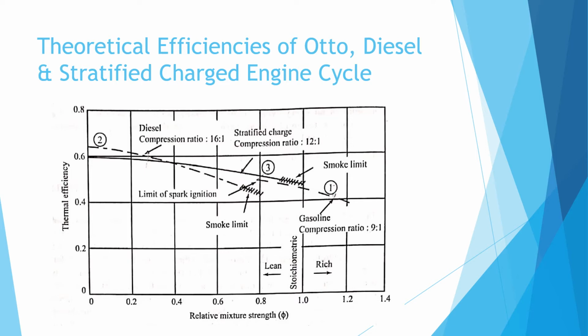Another important point which is found from this picture is the limited range of mixture strength, that is 0.8 to 1.2, which can be used for the gasoline engine or spark ignition engine.